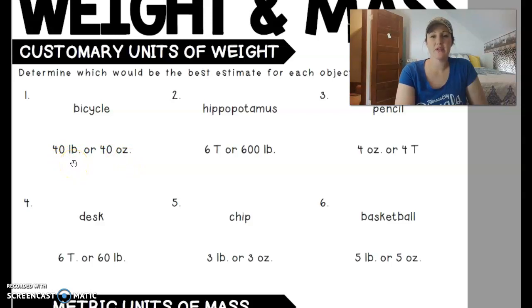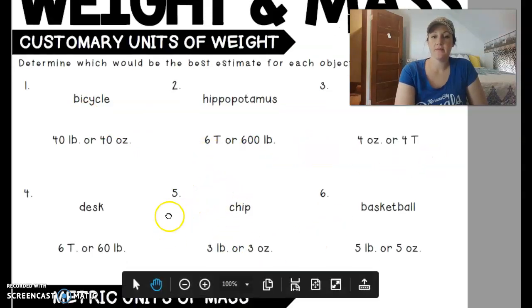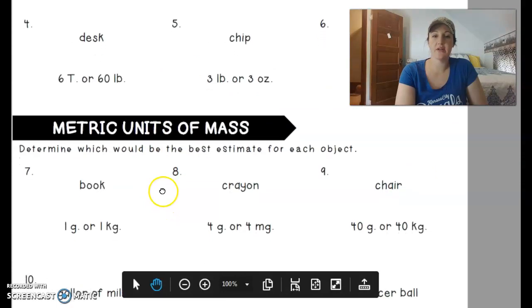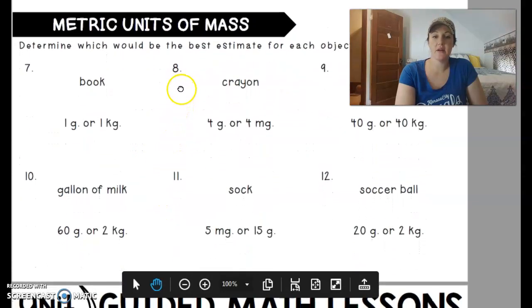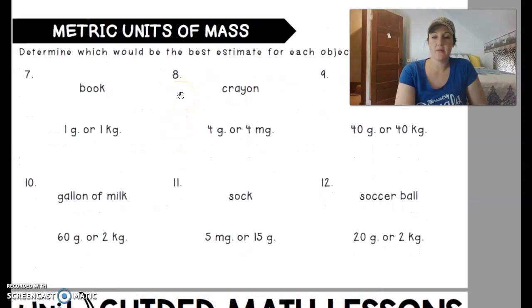So what would make more sense if I'm trying to compare it to a bicycle? Okay, so think through each of these. And then you're going to do metric units down here.